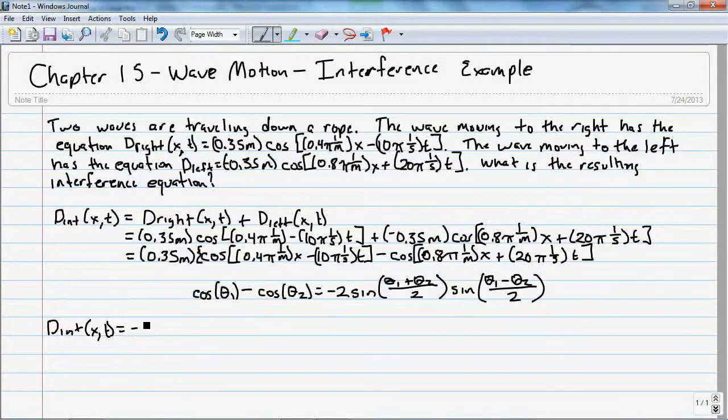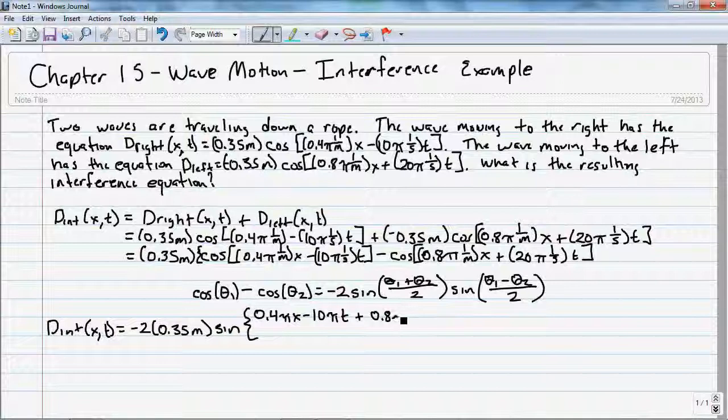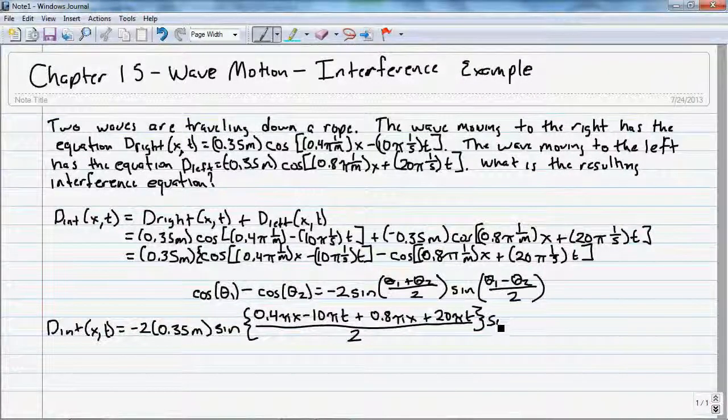So we're going to have a -2 times the 0.35 meters times the sine of, we're going to have 0.4 pi x minus 10 pi t plus 0.8 pi x plus 20 pi t, and this is all going to be over 2. And then we'll do the sine.